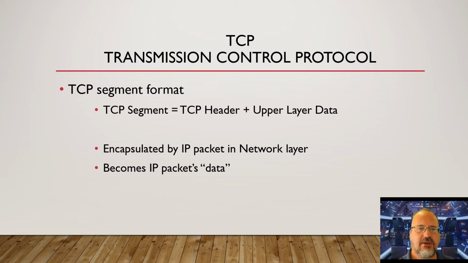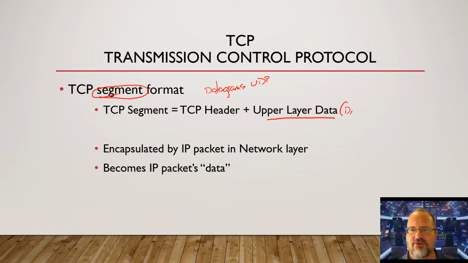The TCP segment, remember, we're now dealing with segments or datagrams. Datagrams are for UDP, which we'll talk about in a little bit. So segments are the package of data that we're transmitting. What that segment is made up of is whatever the upper layer data is.